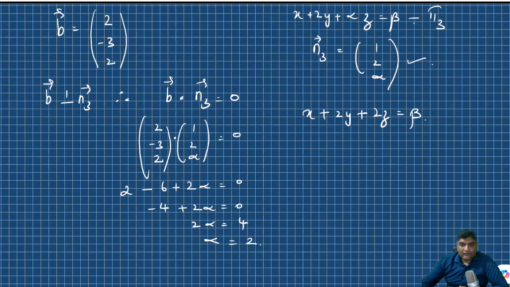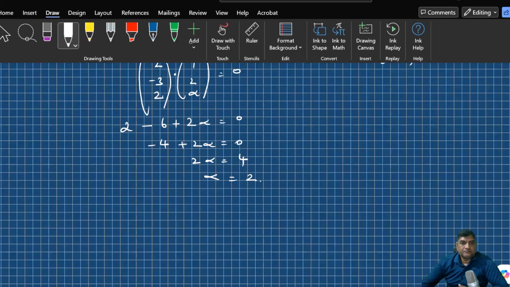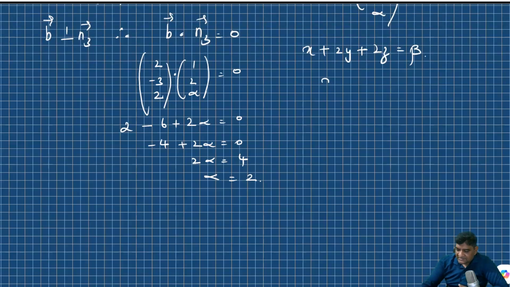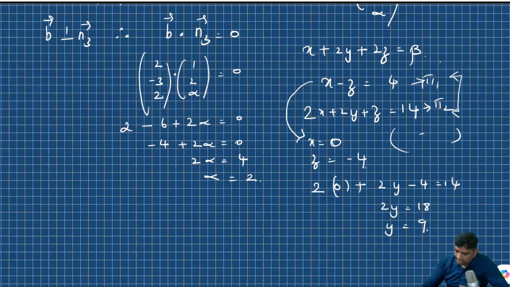For finding the value for beta, I'm going to take one point which is common to the first and the second plane. What was my first plane? My first plane was x - z = 4, and then 2x + 2y + z = 14. So what if I took the value for x equal to 0 here? Then the value for z will be -4.